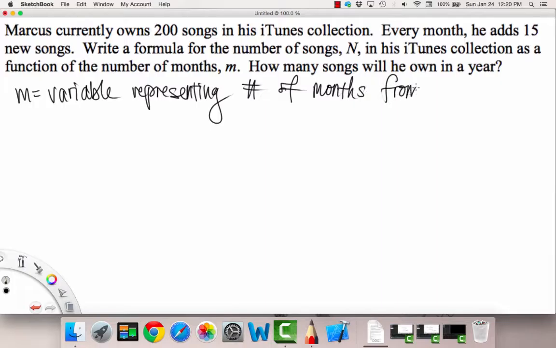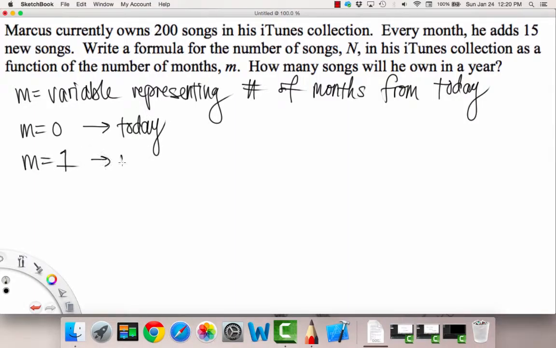Today would be represented by m equals 0. This represents today, or right now, or this month. And next month would then be m equals 1, and so on.